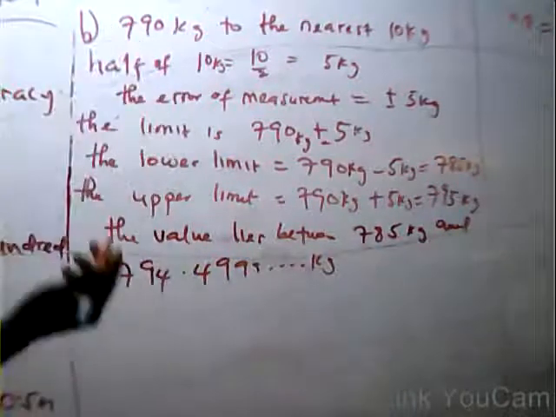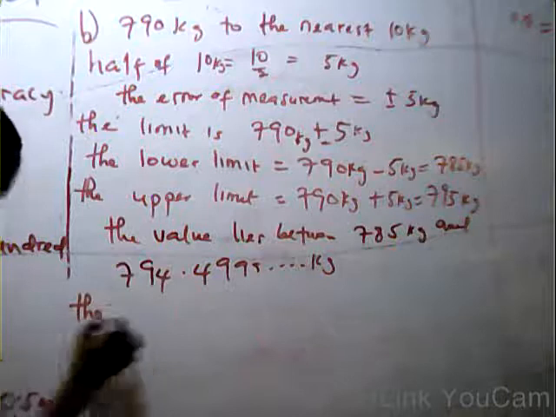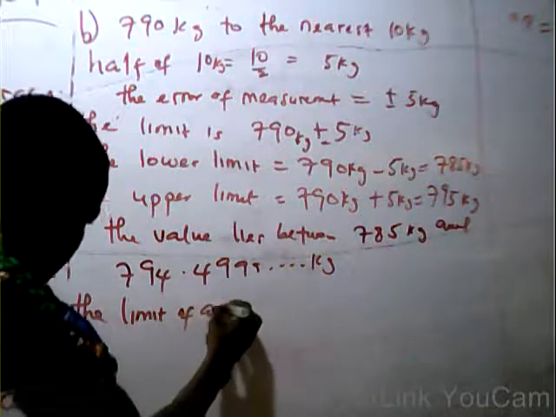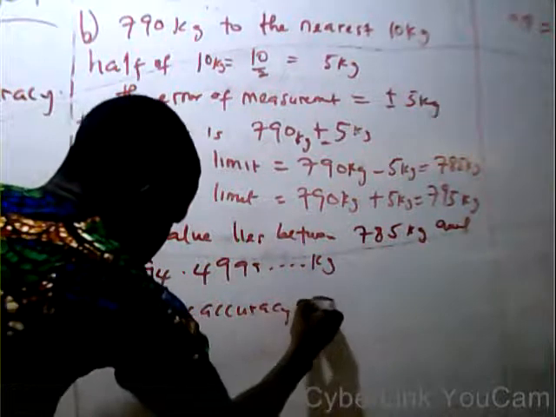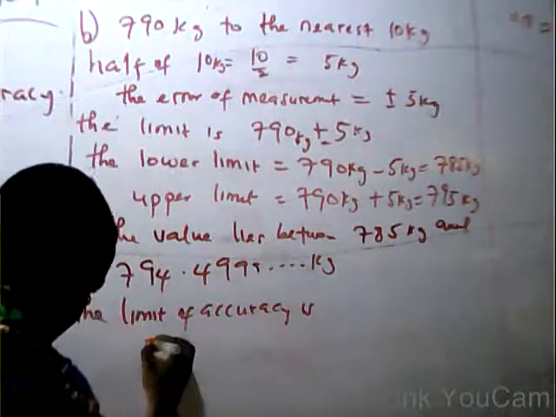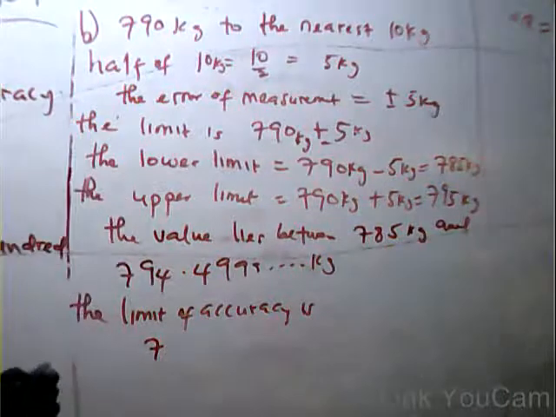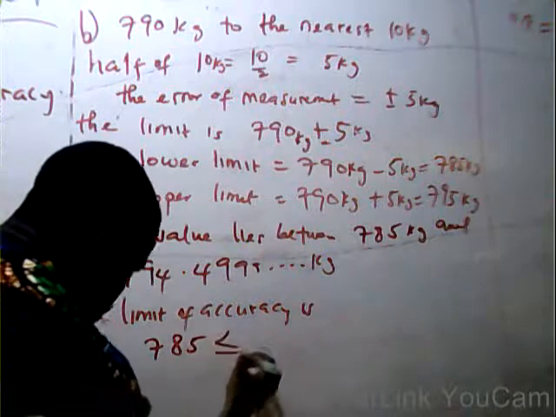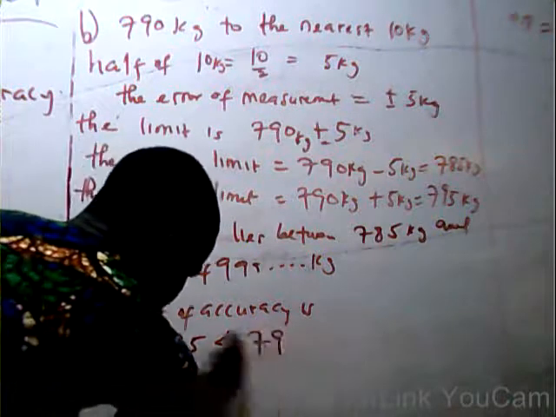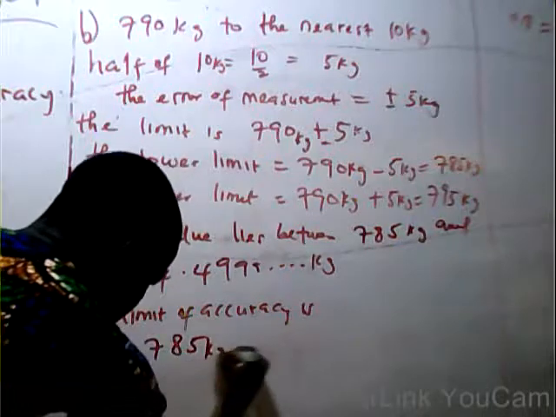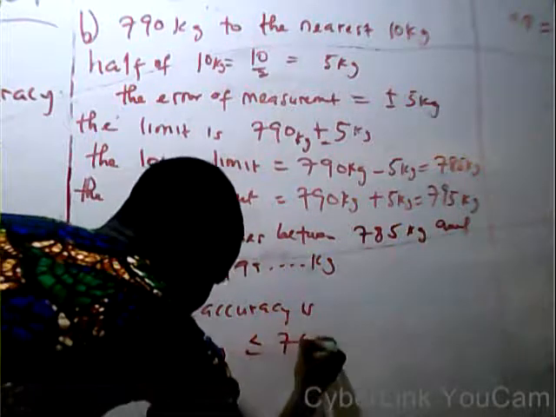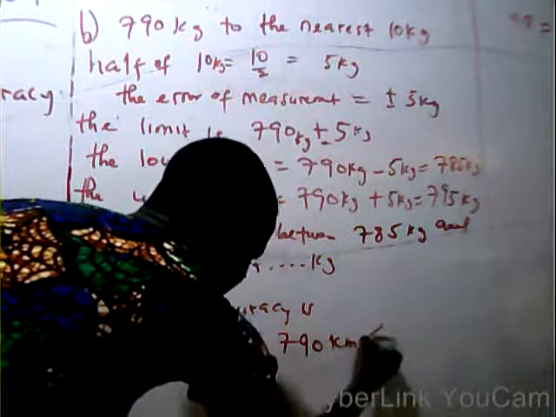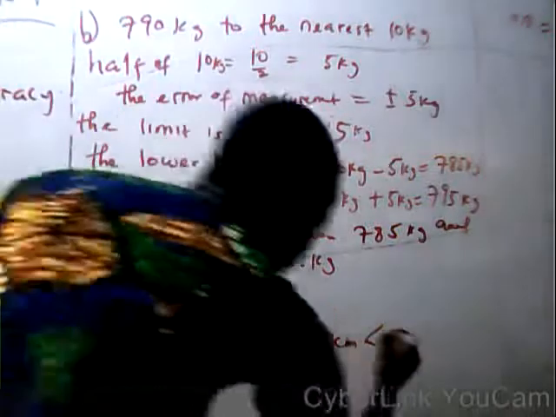So we have the limit of accuracy: 785 less than or equal to 790 kilogram, less than 795 kilogram.